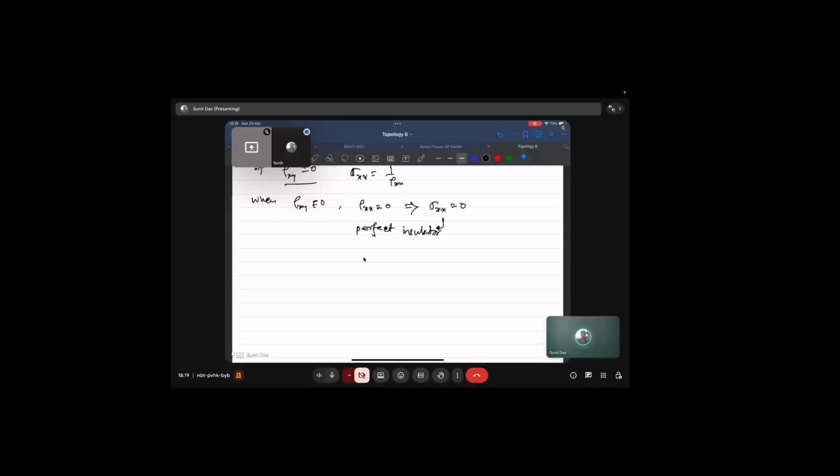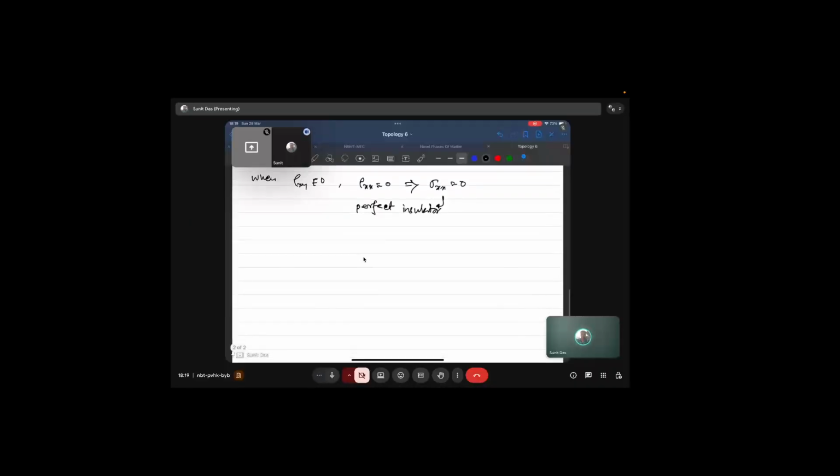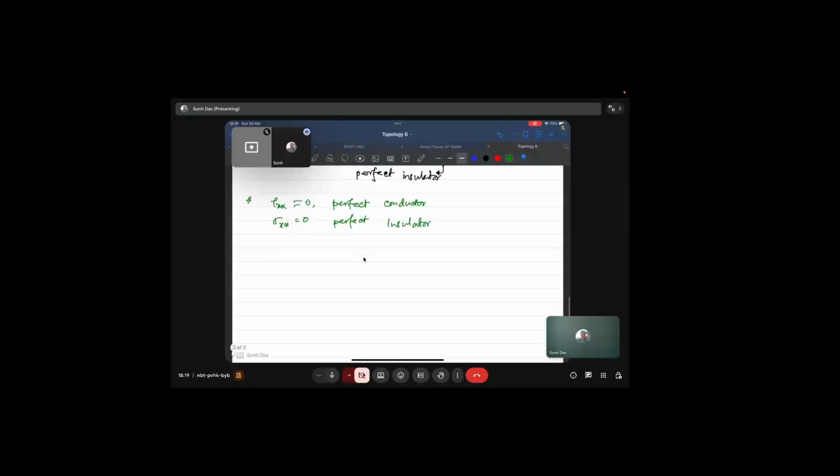Okay, so if you combine these two facts, that rho xx is 0, which we call a perfect conductor because there is no resistance or resistivity, and sigma xx is 0, which we call a perfect insulator, right? Which is to say that there is no conduction happening.